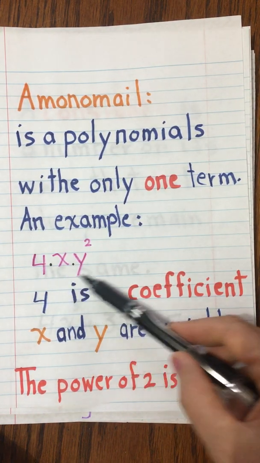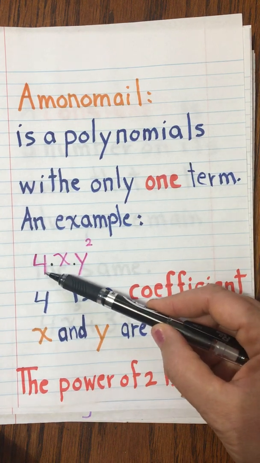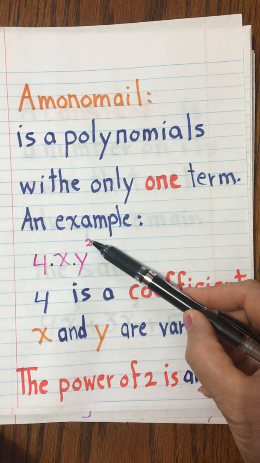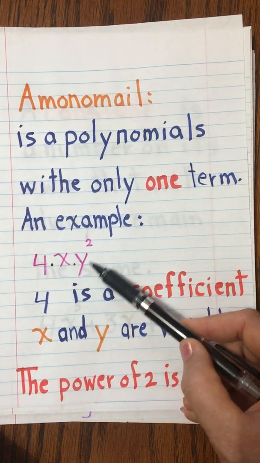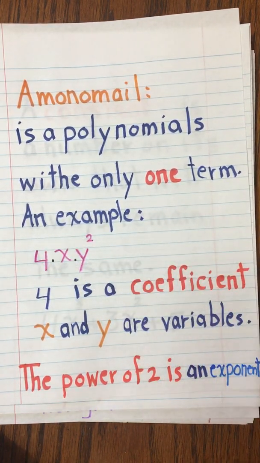If I read it, 4xy squared, it means 4 times x times y squared, so this is one term.